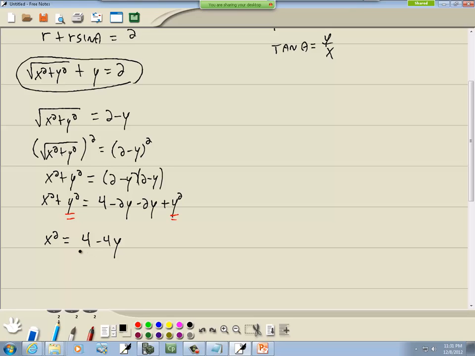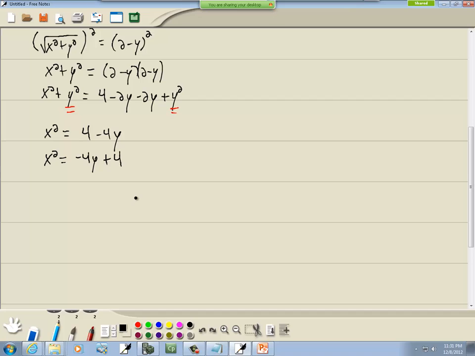You know, I could go through and put it in the correct form and everything, but really this is probably good enough. But let me take it a little bit further. So I got negative 4y plus 4. Flip those around. Technically, for the standard form, I want this as x squared equals a number times a parentheses with y.